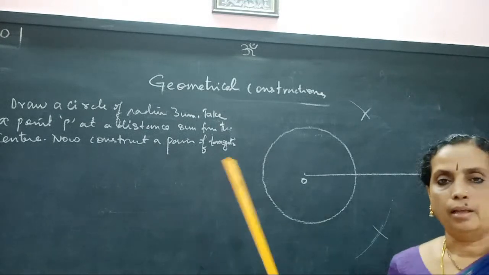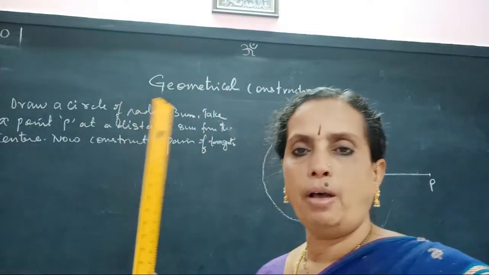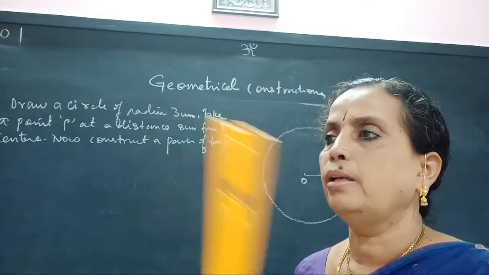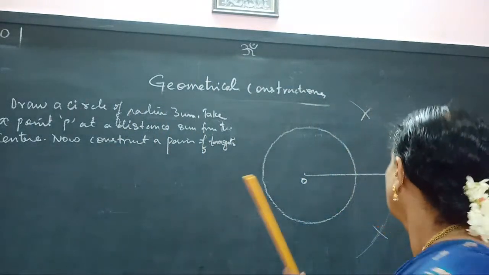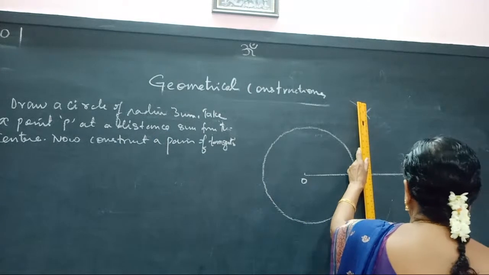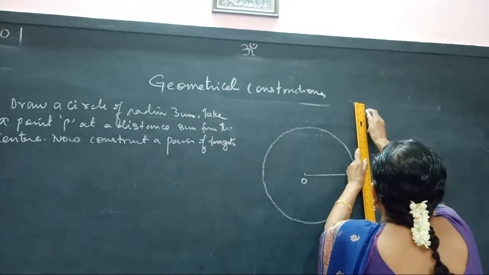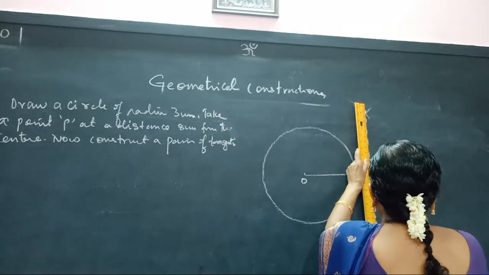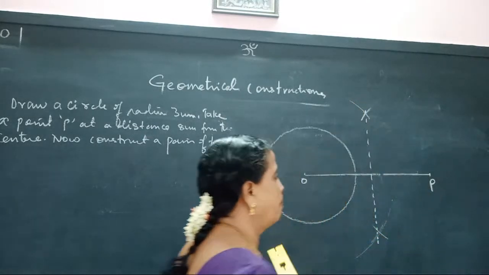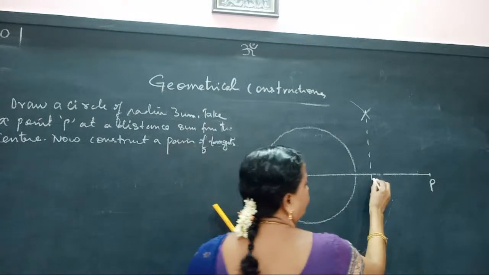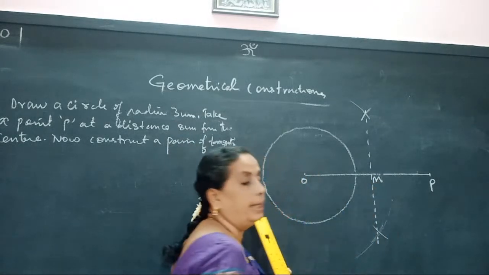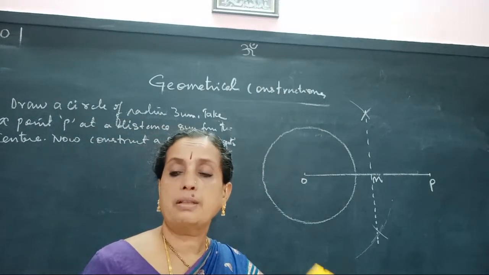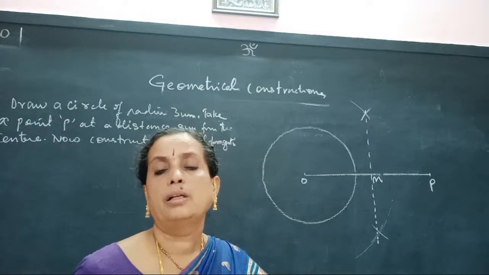But these arcs should be a very light mark, because we have to highlight the main tangent construction. Now join this perpendicular bisector with a dotted line like this. It is a perpendicular bisector to OP, intersecting OP at point M. So this is the first construction in the textbook.